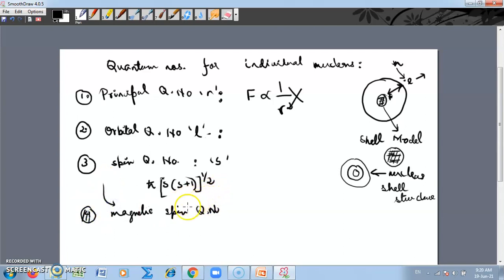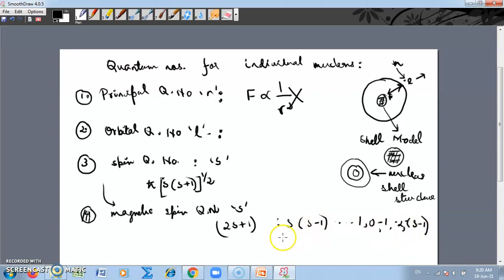and we know that for every value of s, we have twice s plus 1 states, such as s minus 1, s minus 2 up to 1, and then 0, then minus 1, then minus 2 up to minus s minus 1.